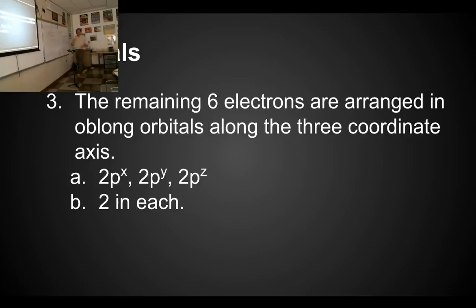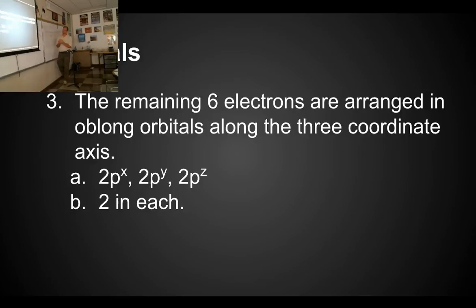So 1s is a ball. Then there's a bigger ball, 2s, which goes around it. And then at the same average distance from 2s, there's 2p, and there's 3 2p's. There's the 2p on the x-axis, there's the 2p on the y-axis, and there's the 2p on the z-axis. So we call them 2px, 2py, and 2pz.